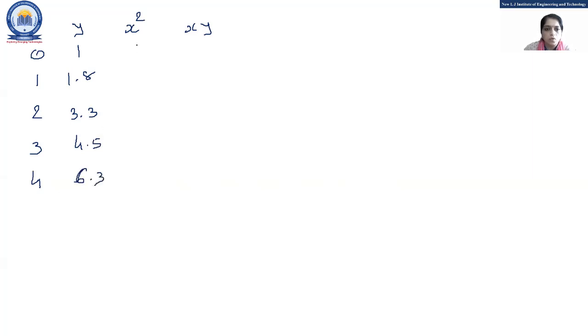X square is 0, 1, 4, 9, and 16. And xy is 0, 1.8, 6.6, 13.5, and last one is 25.2.